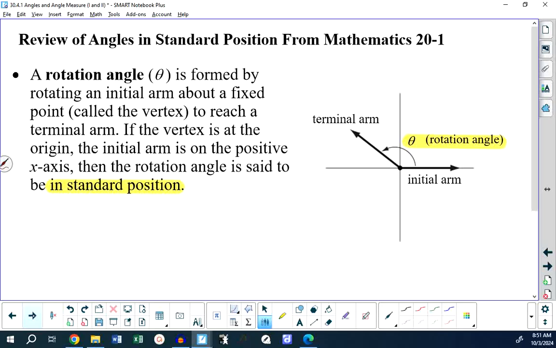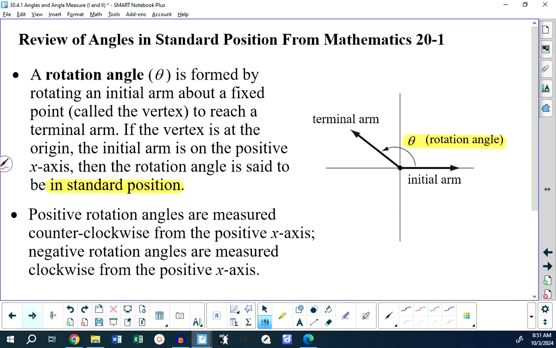Now in Math 20, you kind of confine your work, or you were supposed to confine the work to quadrant 1 and 2. In my Math 20, I kind of cheat the system a bit and I get students to work in the other quadrants. We can work in any quadrant here in Math 30. The other thing you need to know is that positive rotation angles are counterclockwise, which seems non-intuitive, because counter kind of seems opposite or negative.